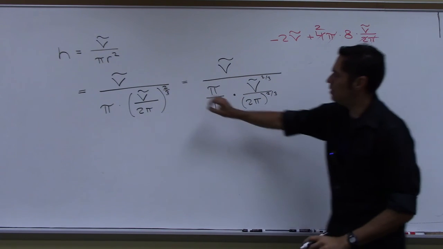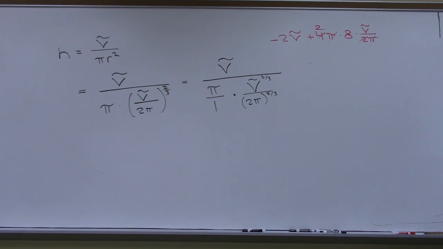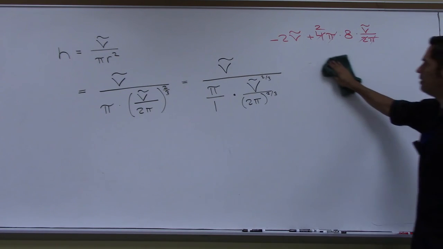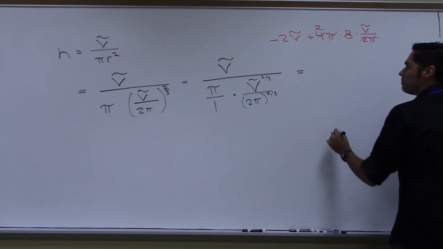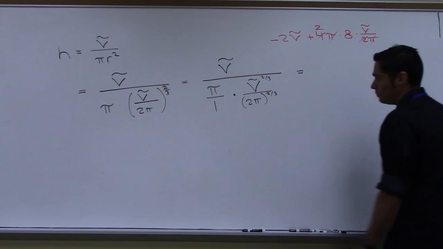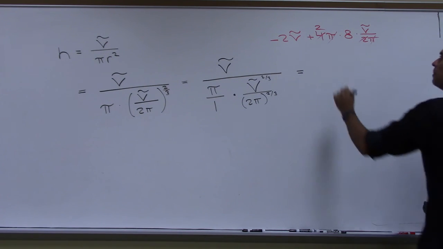All I did there was split this into two pieces. And why would I have done that? Yeah, because now you can multiply and then flip it. Let me multiply and flip it, see if this helps.